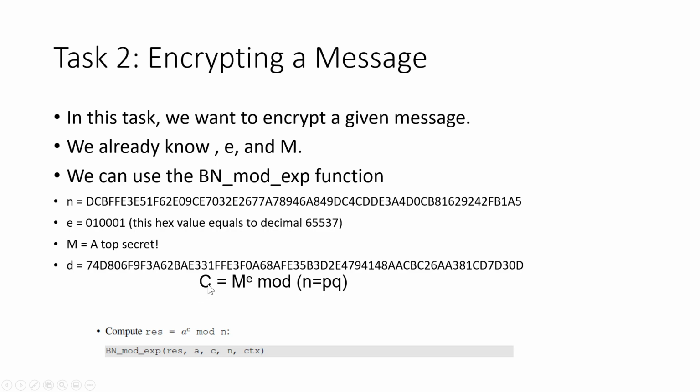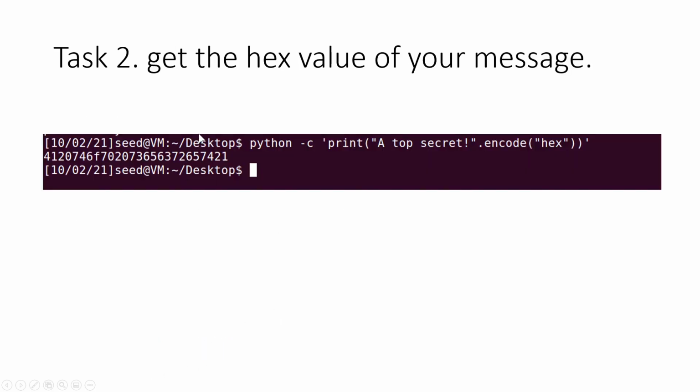The encryption computation is shown here: ciphertext equals M to the E mod N. If we check the library, we have the mod exp function, as we can show here, that calculates a to the e mod n. That's exactly what we want for the encryption.